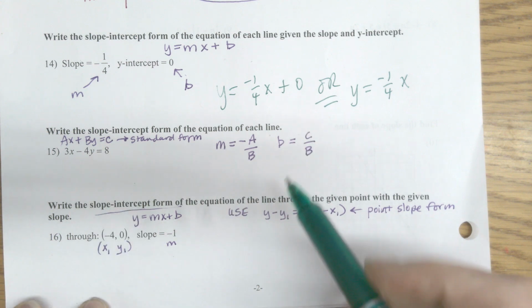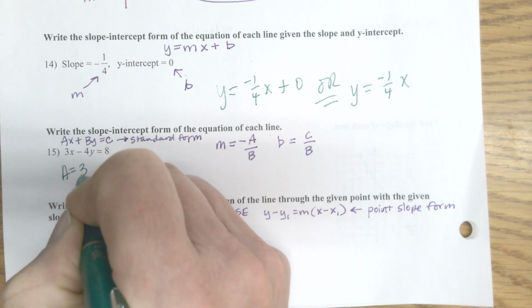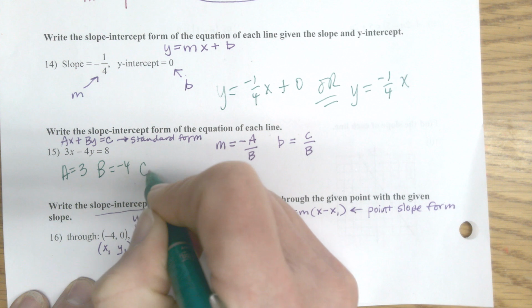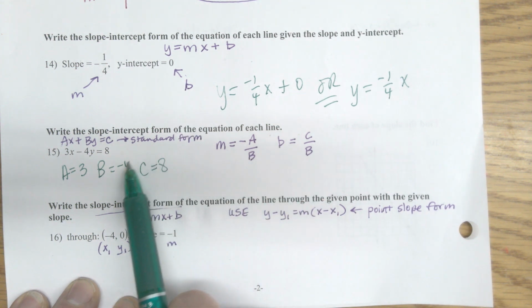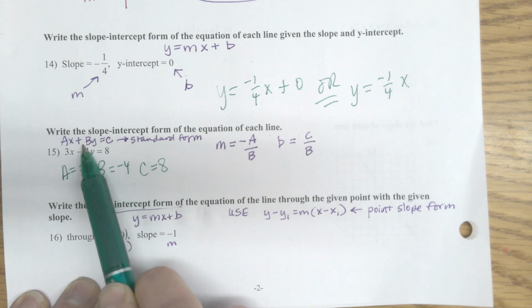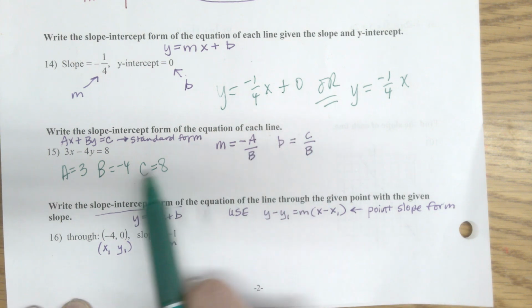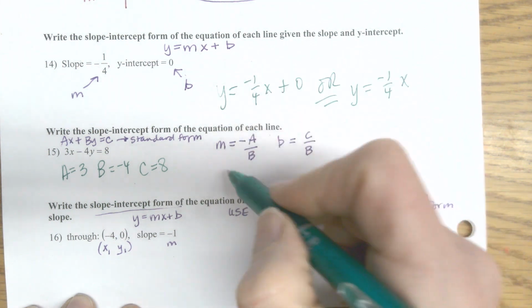So if I go with that concept, a is 3, b is -4, c is 8. There's a difference between little b, the y-intercept, and big B, the number in front of the y, so don't confuse those. I know I'm just saying it as b this, b that, but remember the size of the letter makes a difference. It represents something different each time.